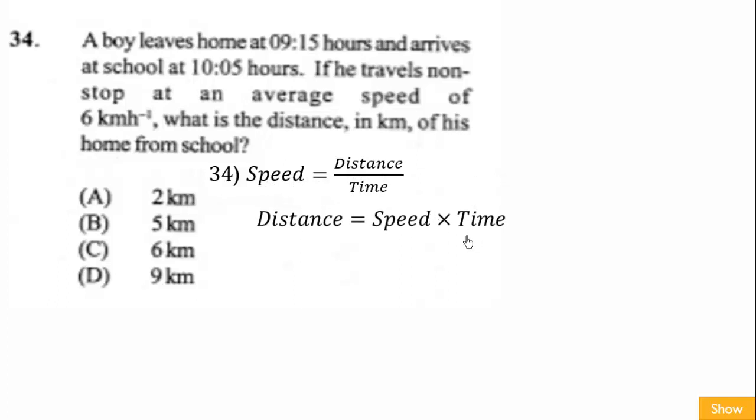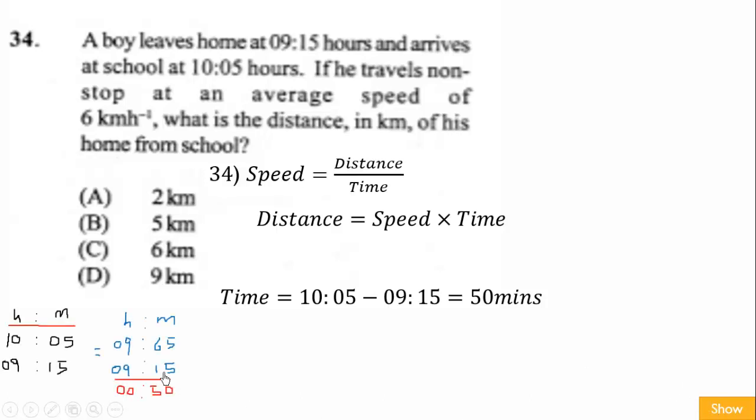Now to get the time, we need to subtract 9:15 hours from 10:05 hours. So that will give us 50 minutes. How do we get that? We are doing a subtraction here, but we cannot subtract this over here.